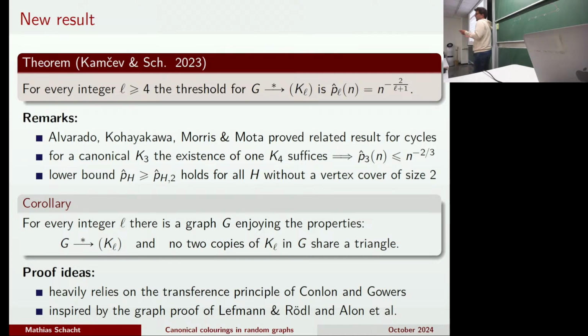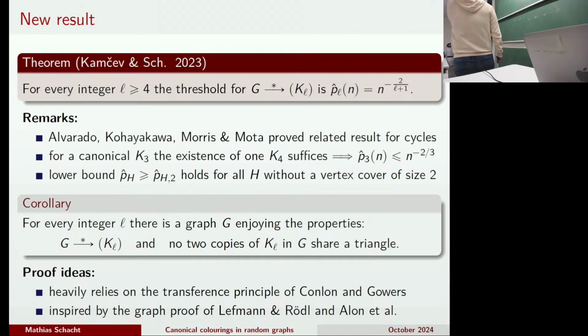Then I hope you have some feeling of how it goes. So in case you wonder how one proves the canonical Ramsey theorem in the graph context, this proof I will now show you, and then for the random graphs, in some sense, we transferred it to the random setup, and I can say a little bit more about it.